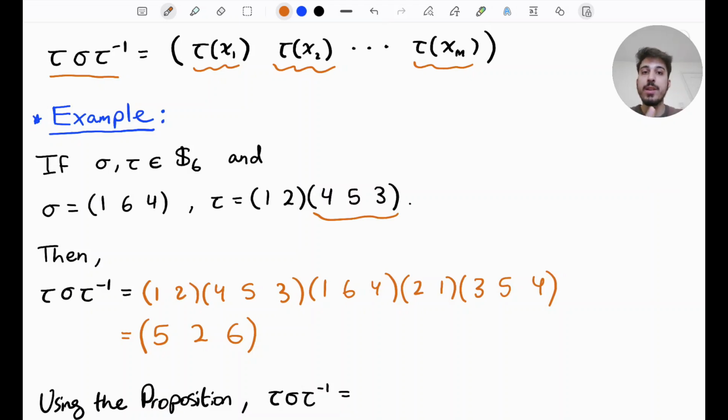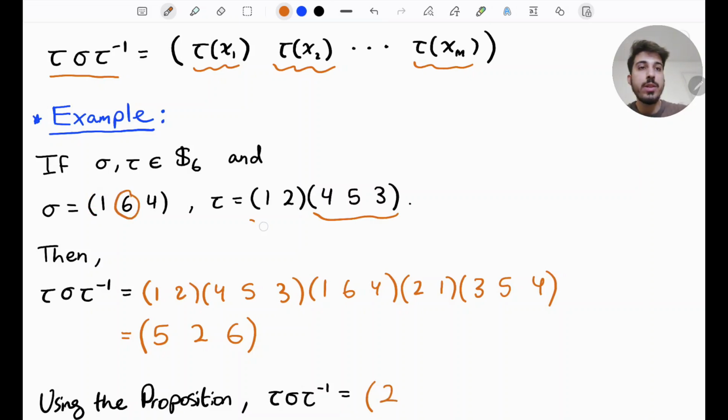Let us now use the proposition to calculate this conjugate. So to calculate this conjugate, simply notice that for the elements 1, 6, 4, we need to see where tau sends each element. So tau sends the element 1 to 2 by definition of tau, because tau sends 1 to 2. So instead of writing 1, we're just going to write 2. What about 6?